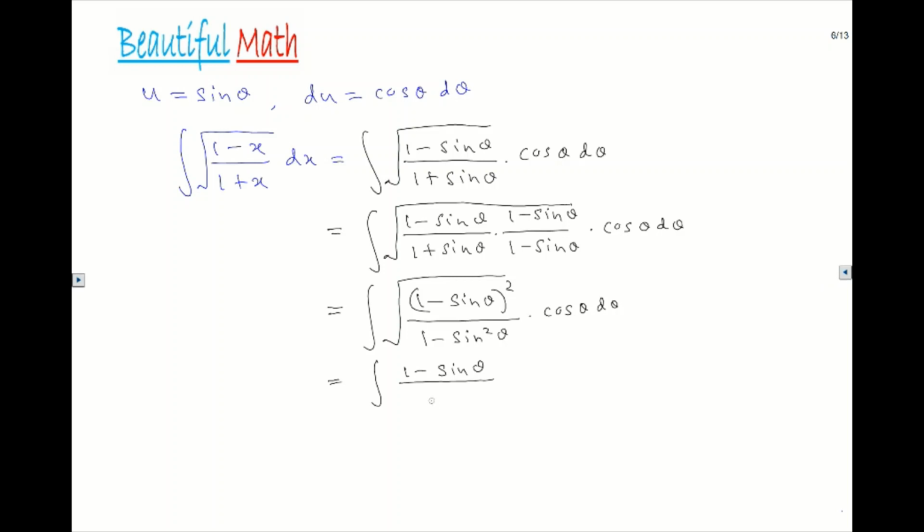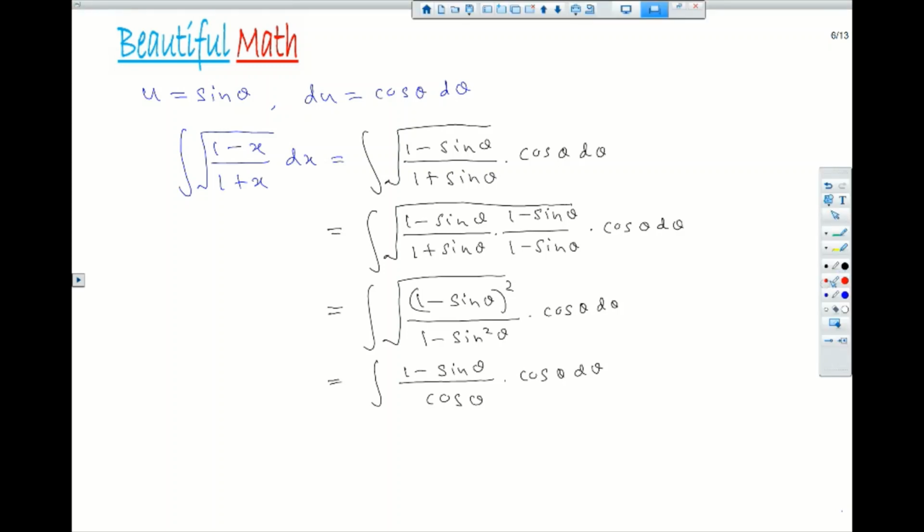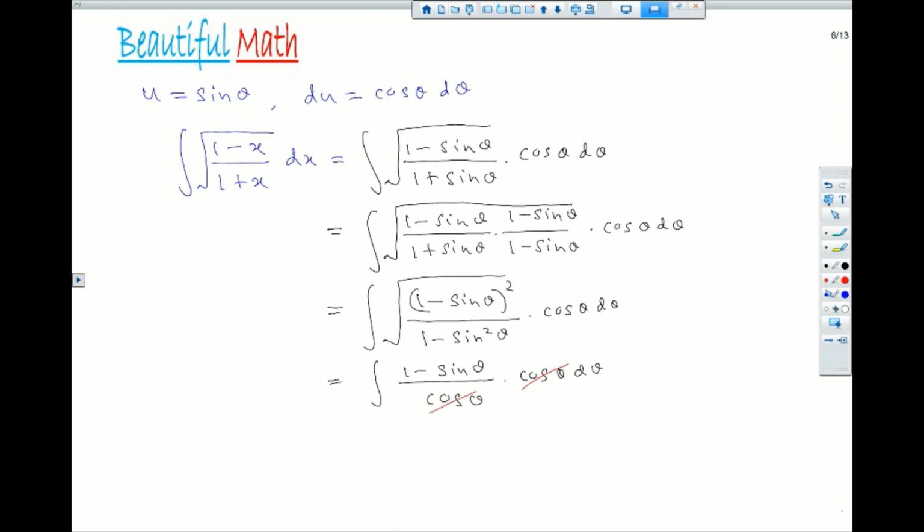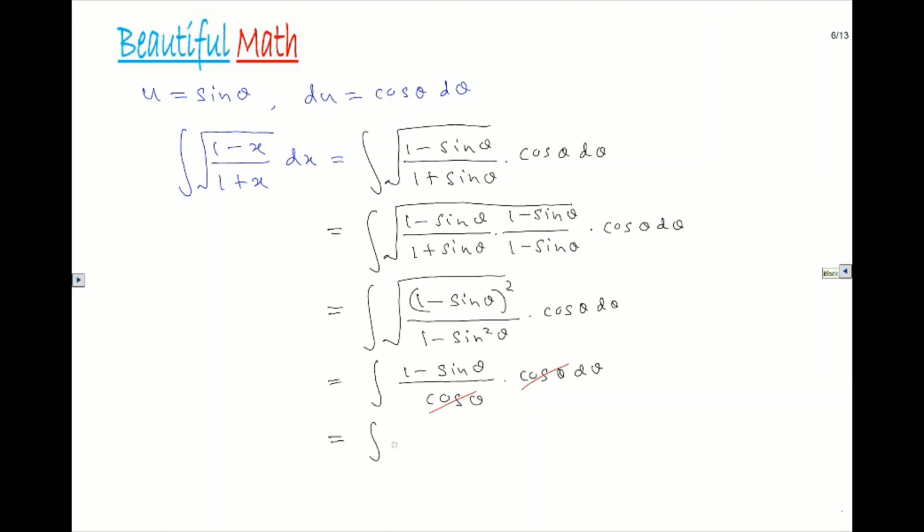So under the square root, it simply becomes cosine theta. With this cosine theta, you can see that the cosine gets cancelled. So you simply end up getting the integral of 1 minus sine theta d theta, which is very easy to integrate.